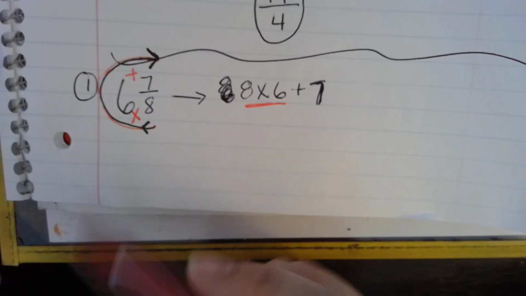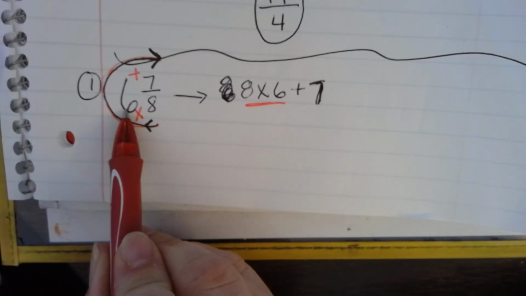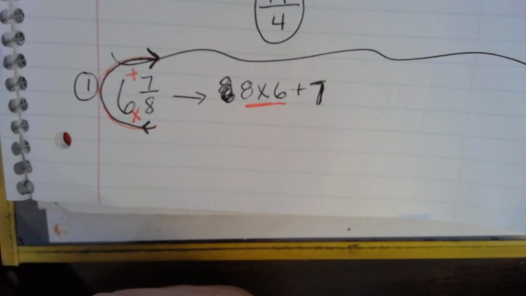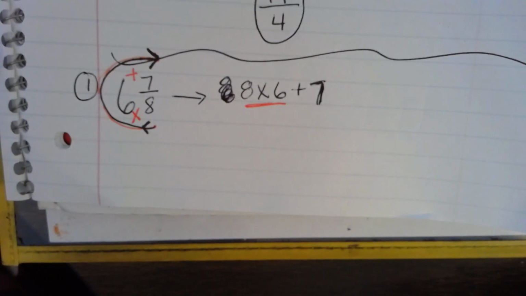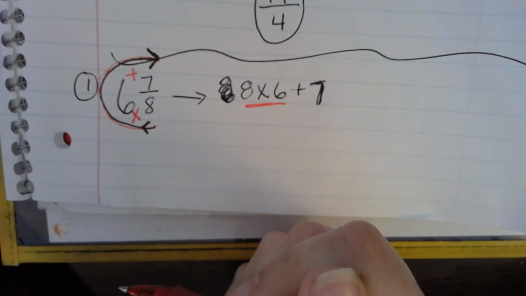So what I want to do is represent all the pieces that those 6 cakes represent. There are 6 cakes and each of them has 8 slices. So 6 times 8 tells me how many pieces I have in 1, 2, 3, 4, 5, 6 cakes. When I add the numerator, that 7, remember that's like your remainder.